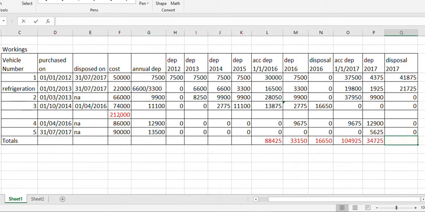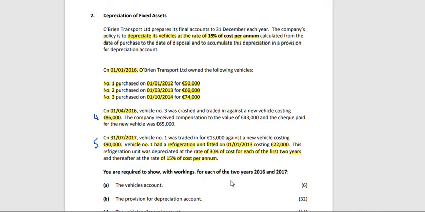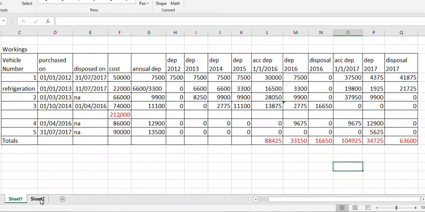And then the depreciation on disposal of vehicle 1 and the refrigeration unit is as so. So we have marked in red 1, 2, 3, 4, 5, 6, 7 figures, which are going to become very important as we go to the T accounts. So I will just flick to the T accounts.